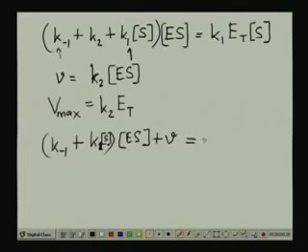We still have K1 ETS. Now if I multiply both sides by K2, I can put a Vmax form here.